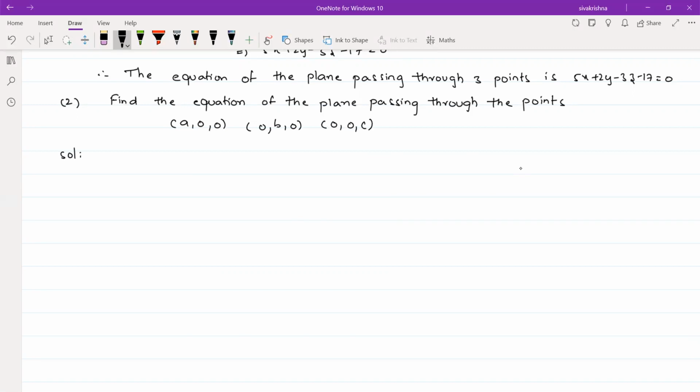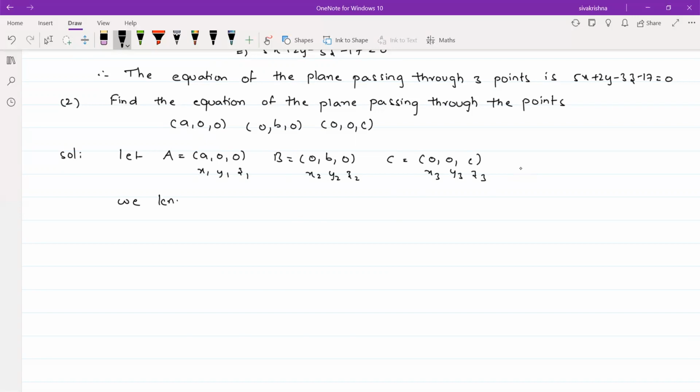Okay, so coming to the solution, once again I am writing the names of the points: A is equal to a comma 0 comma 0, B is equal to 0 comma b comma 0, sorry, and C is equal to 0 comma 0 comma c. Okay, and I am also naming the points as x1 y1 z1, x2 y2 z2, and x3 y3 z3. Okay, so now I am writing the formula.